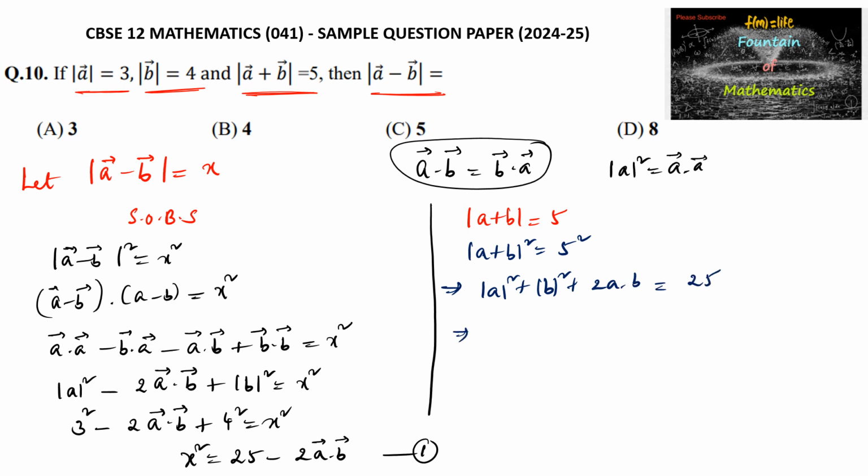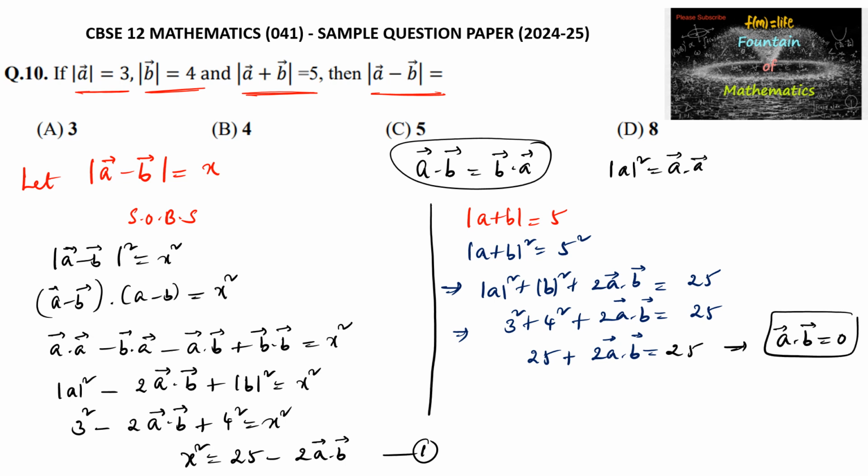So mod A square is 3 square and mod B square is 4 square, plus 2 times of A dot B is equal to 25. So here 9 plus 16, 25. 25 plus 2 times of A dot B is equal to 25, which implies that A dot B must be equal to 0.